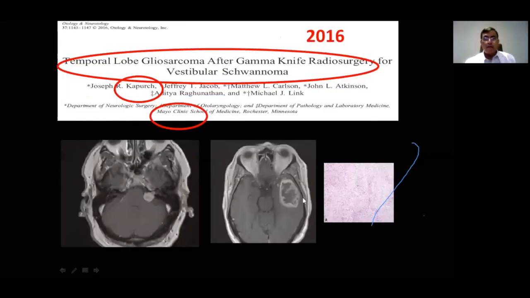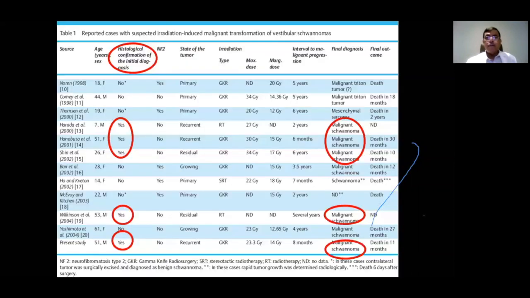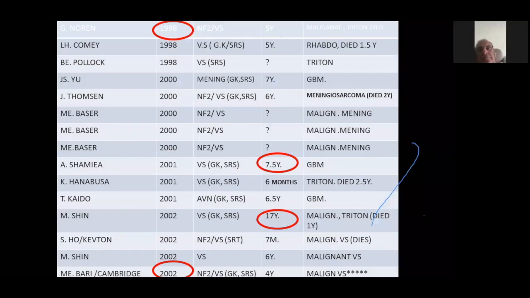I can go on and on; this is the list of these cases of malignancy following gamma knife. And remember, these are not very long, only 5 and 6 years. Wait until we get cases that had gamma knife 10, 15, 20 years before. So these are the authors and the follow-up.